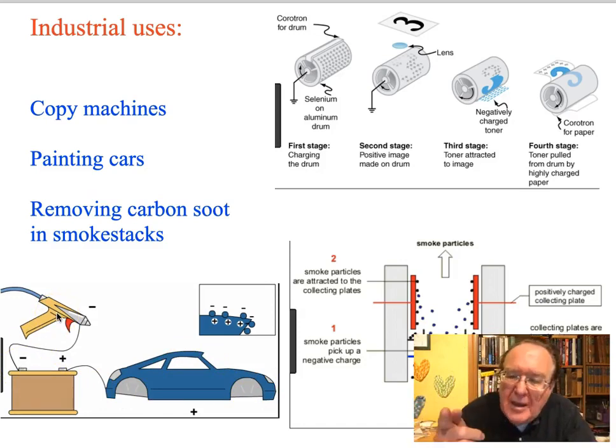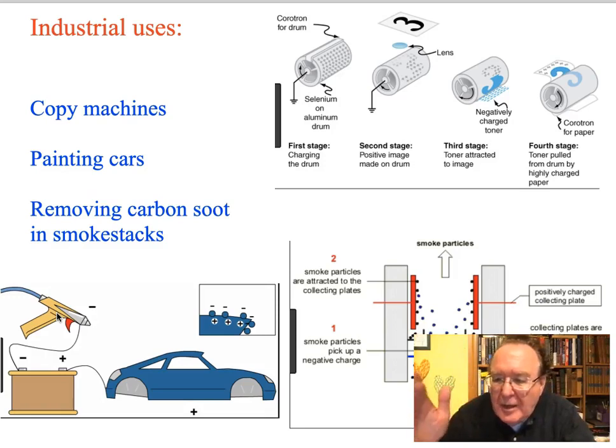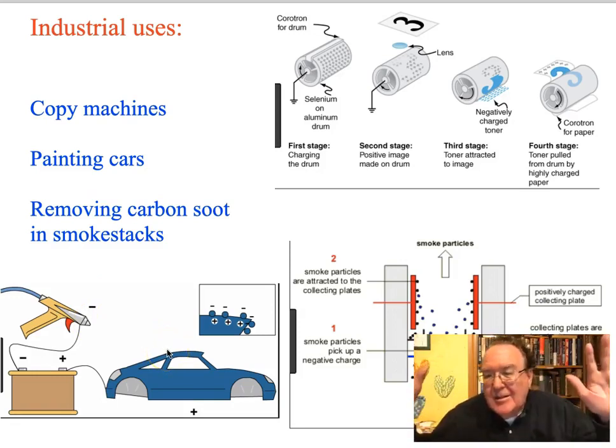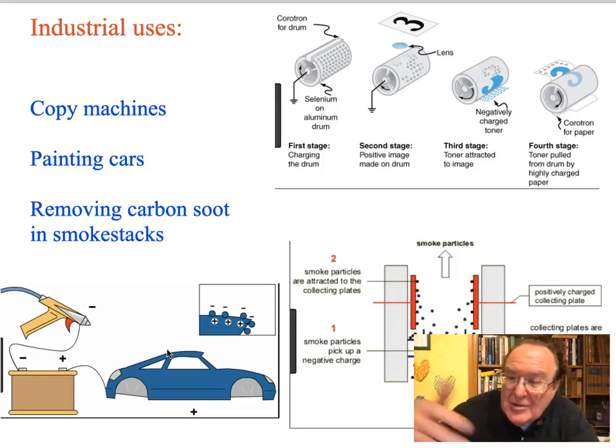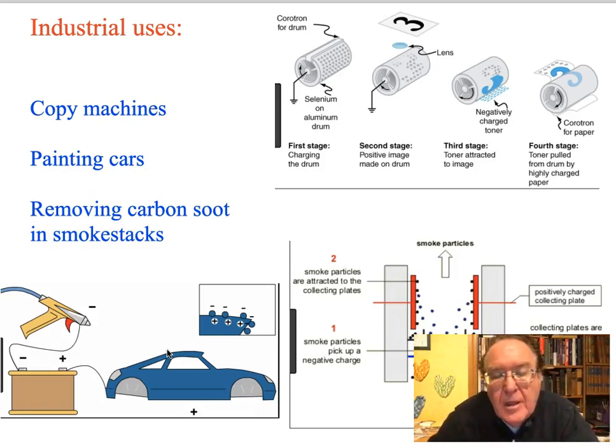So as you spray paint out of the nozzle, the microscopic paint droplets are negatively charged. So guess what? You spray it out, and the negatively charged paint droplets are attracted to the car. In other words, they don't end up on the ceiling or the walls. They end up on the car because the negative charges are attracted to the positive car.